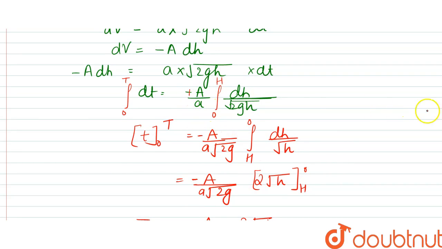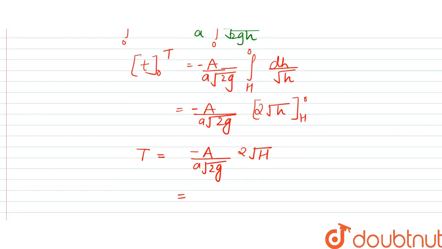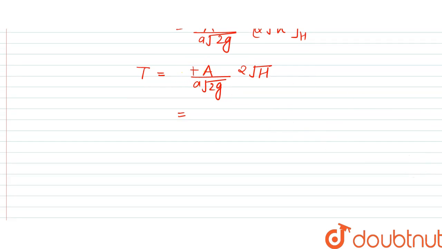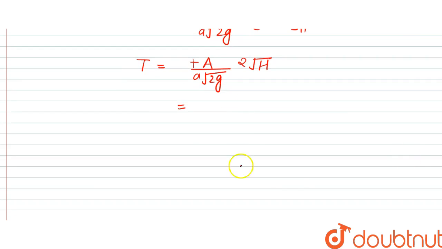It was positive here because it is going from 0 to h, but we have to find it from h to 0 because the water is leaking out. So this would be a positive term, and the value would be equal to 2A root h by a root g.